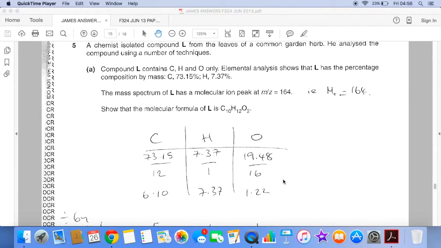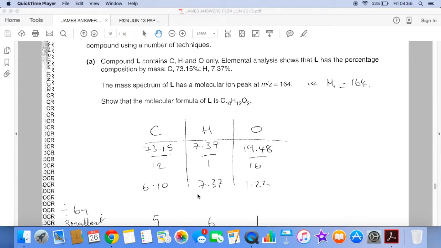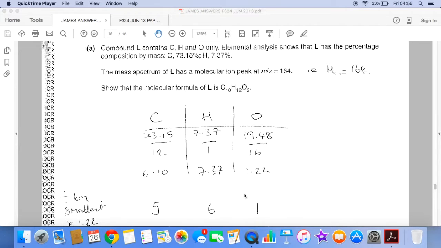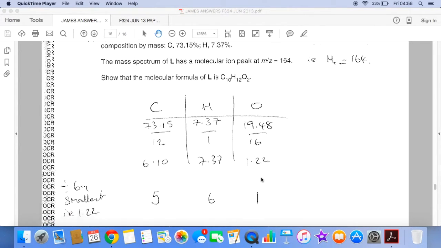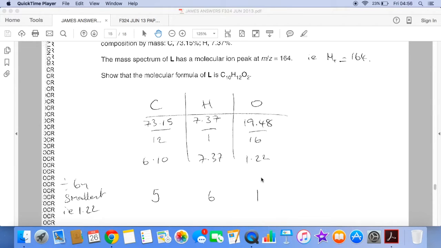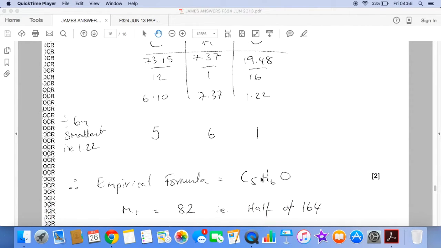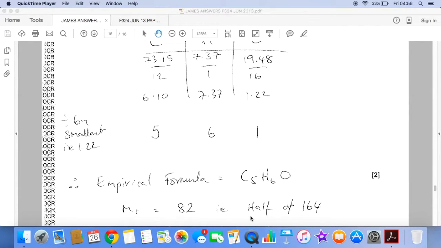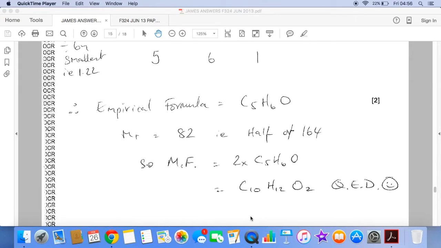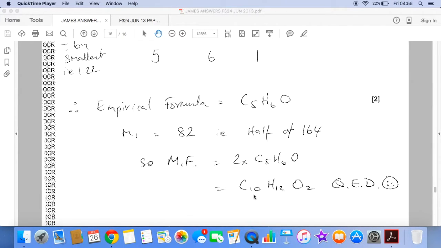So we've got mole ratios when we divide the percentages by the MR of the atoms of 6.1 to 7.37 to 1.22. So we just divide those all by the smallest, which is obviously this one here, and we get C5H6O. Now the MR of that is 82, which is half of 164, so therefore the molecular formula is double that, C10H12O2, which is what we were asked to show.